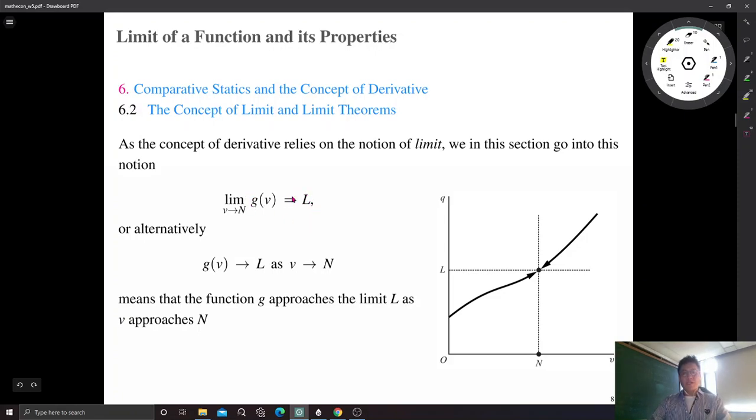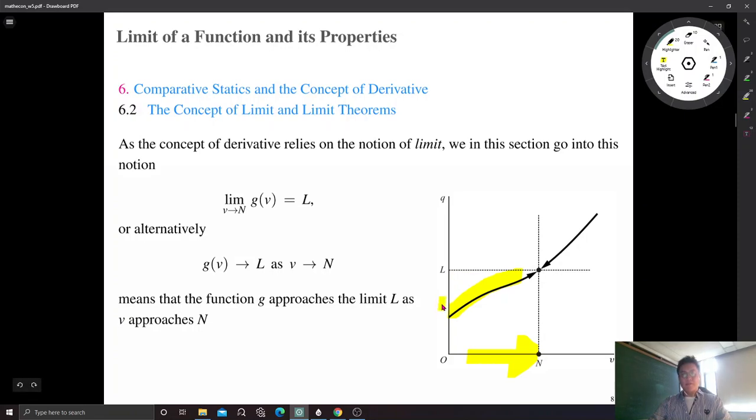So this situation is described by this figure on the right. So if v approaches number n this way, then if we regard this curve as the graph of the function, we can see the graph is heading toward this point, whose y-coordinate is given by L, that is the limit value.